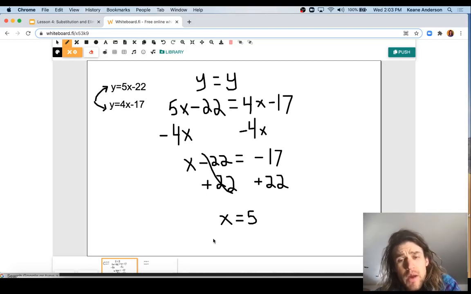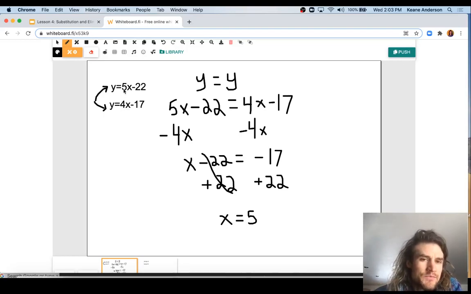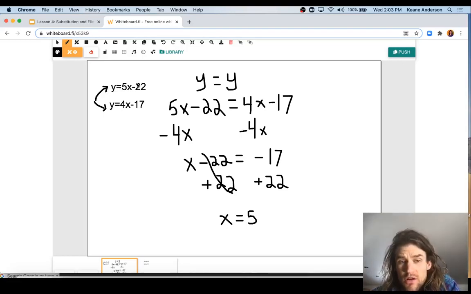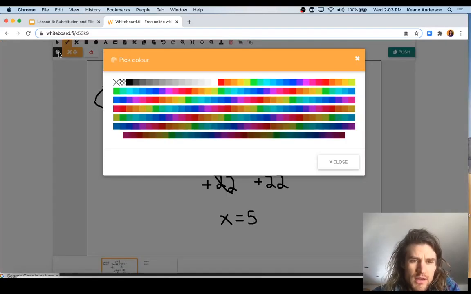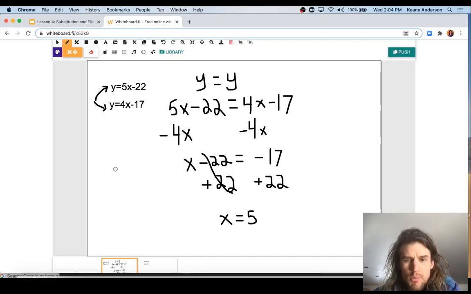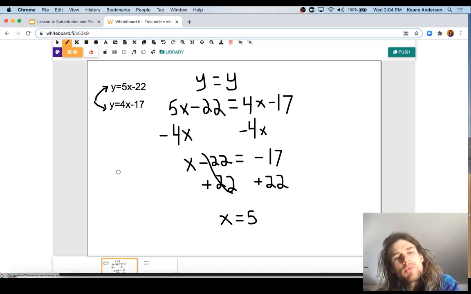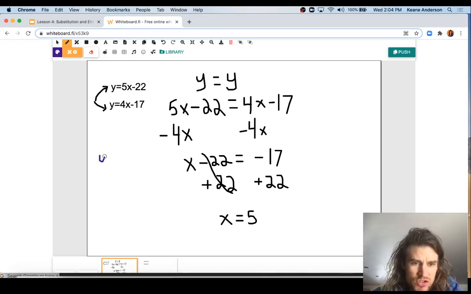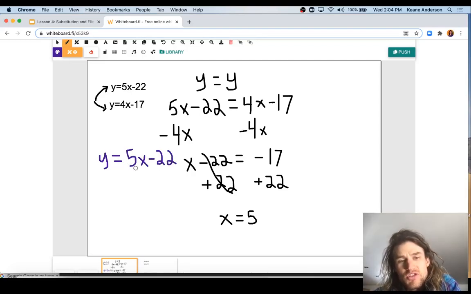All right, so we're halfway to the solution, right? We got x. Now we need to compute y. So the good news is we can use either of these equations to compute y. I'll go ahead and use the second one, and I'll switch colors for this. We'll do a purple here. So I'm going to make another substitution now into this equation. I have y equals 5x minus 22, and I'm going to substitute in x equals 5.